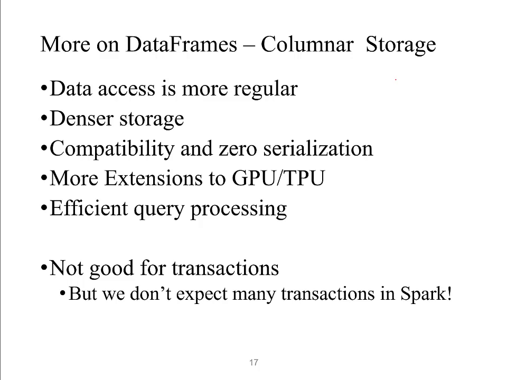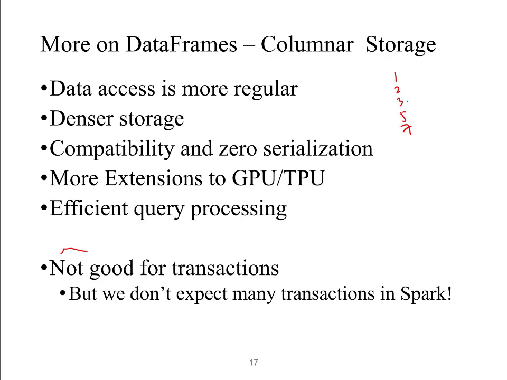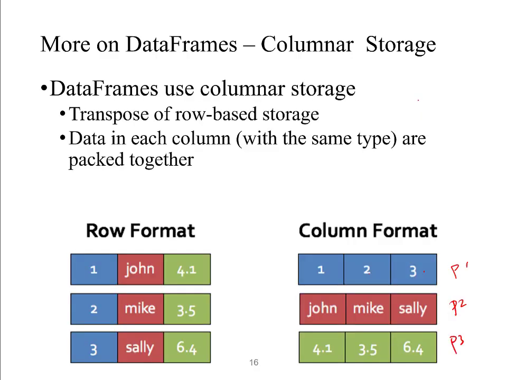For example, we have a column of integers, and if I want to access the third one, because we know that each integer is 4 bytes, I can quickly compute the offset of this element and directly get the number here. But let's see the row format.